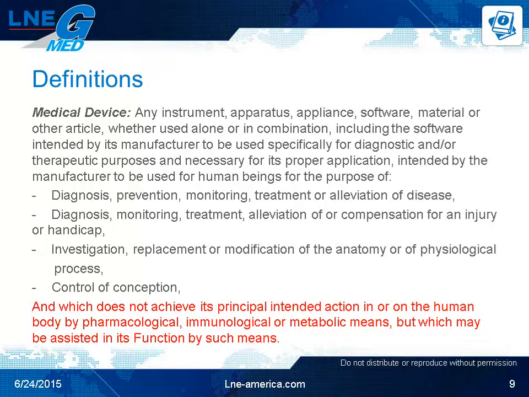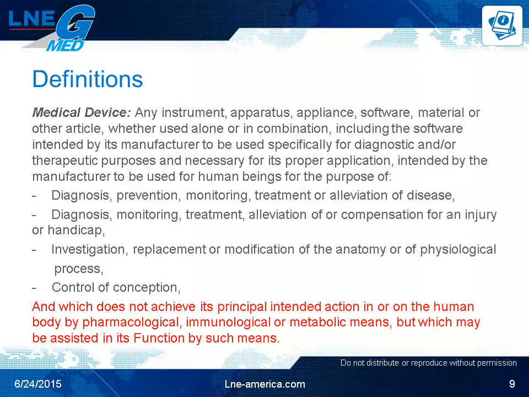Also used for human beings for the purpose of diagnosis, monitoring, treatment, alleviation of or compensation for an injury or handicap, investigation, replacement or modification of the anatomy or of a physiological process, and finally, control of conception. These are other examples of medical devices.